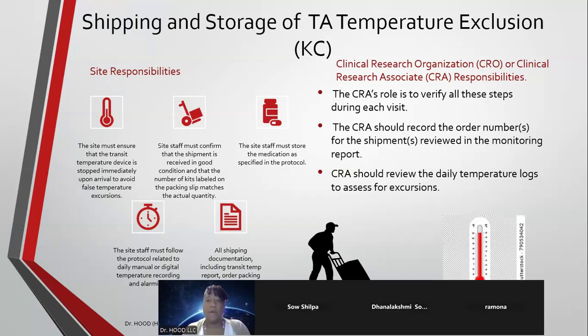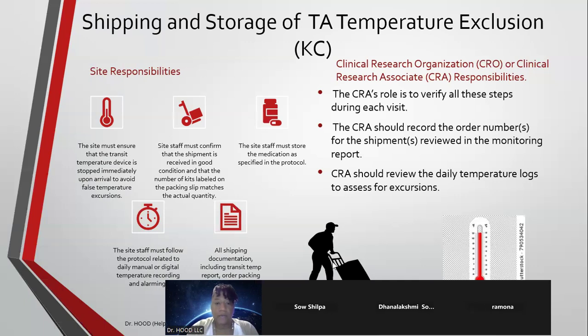Most trials that I've seen lately have gotten away from manual temp logs if they don't have a backup data logger. If they don't have a backup data logger that's constantly recording the temperature, they don't want the manual log anymore. And then the site needs to make sure that all shipping documents, including the transit temp report, order packing slip, RT confirmation, should be filed in the pharmacy binder.